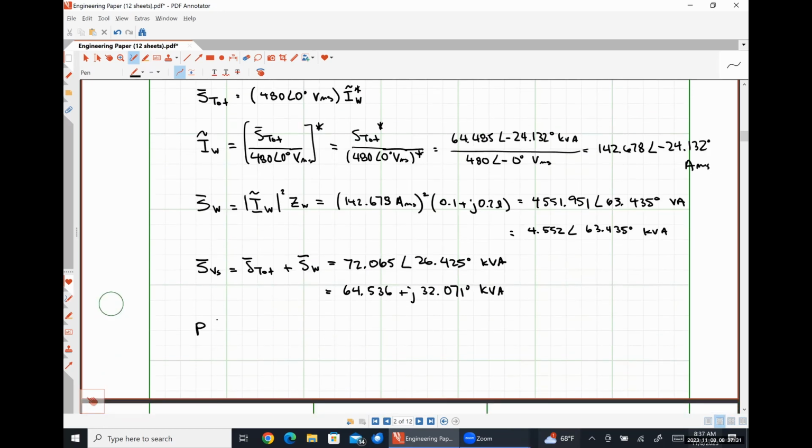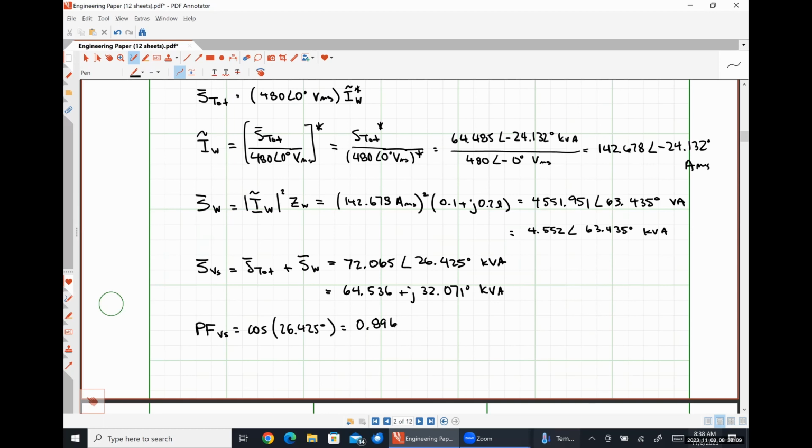So the power factor at which our voltage source is supplying power is the cosine of 26.425 degrees. So cosine of the angle, we have to save the C, 0.896.